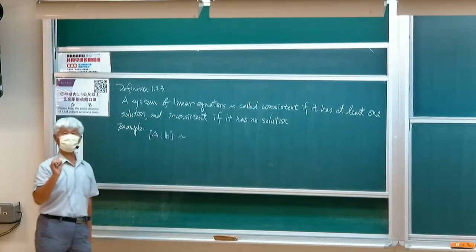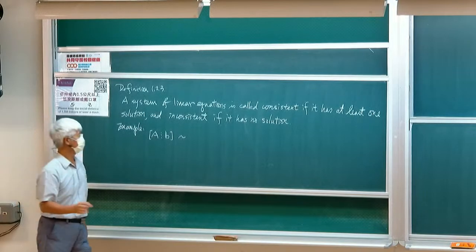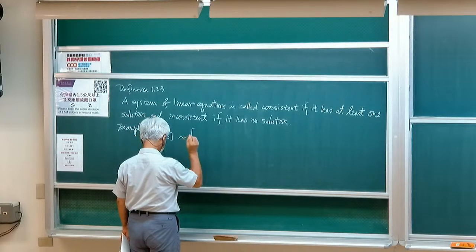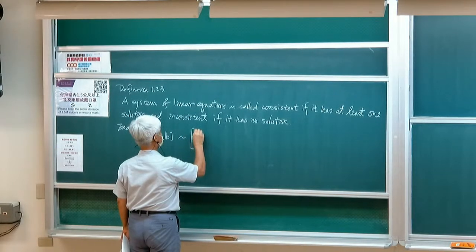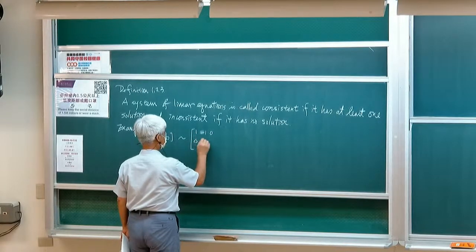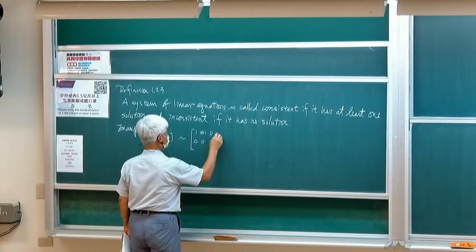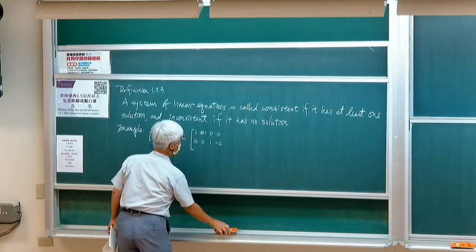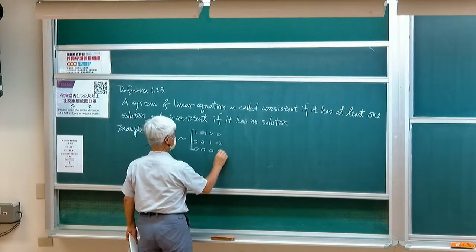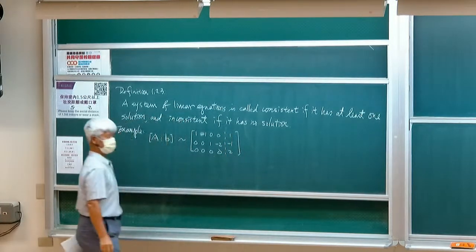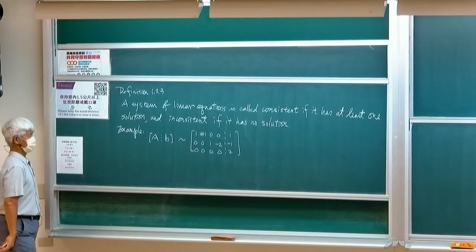And after doing elementary operations, we end up with the following reduced echelon form. So for example, suppose we have that.